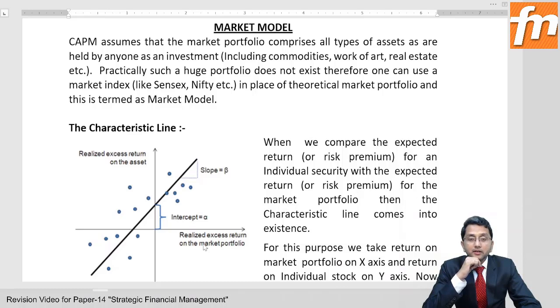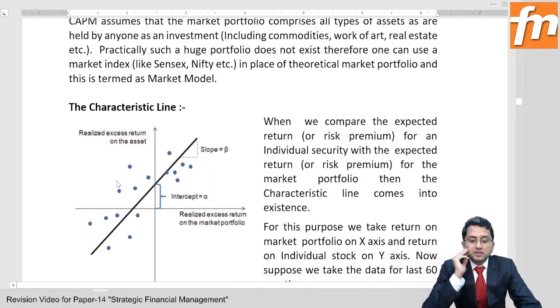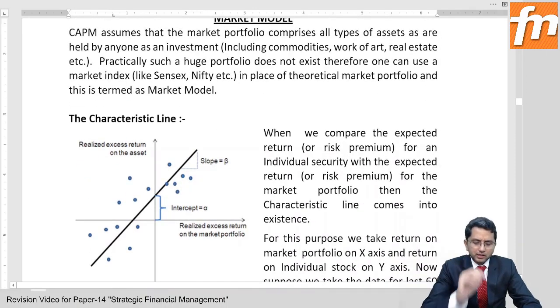So here you take return on Sensex, or risk premium on Sensex may also be taken, that's not a problem. And here you take return on your own security, your own portfolio. So what do you do then? You can do one thing. You can start observing the return on Sensex and return on your portfolio.